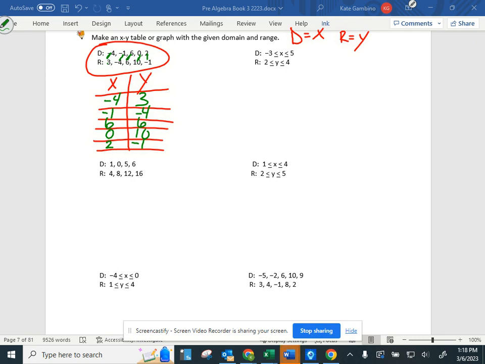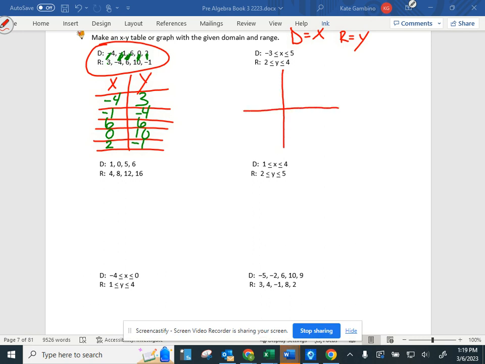So we're just going to do those function tables when we have specific coordinates that we can plug in. And they go in order. So see how we matched them up. Our first ones are our x and the y, then we have our next xy, the next one, and the next one. So now our next example is not specific numbers. So that tells me I have to graph it.